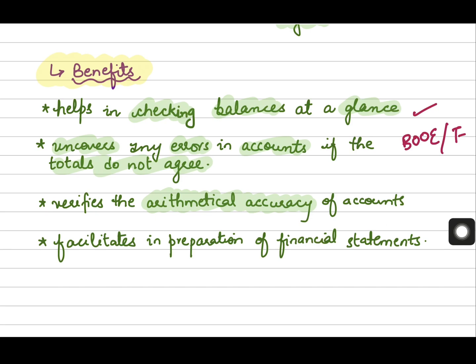And the most important benefit is that it helps in the preparation of your financial statements. From your trial balance you prepare your income statement and your statement of financial position, because all the account balances that you need in these two statements are already there in your trial balance. So what have we discussed? If the trial balance totals agree, it will give you an assurance that there was no problem in the accounts.